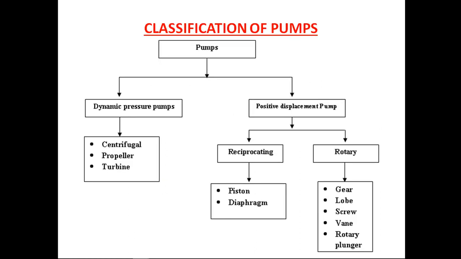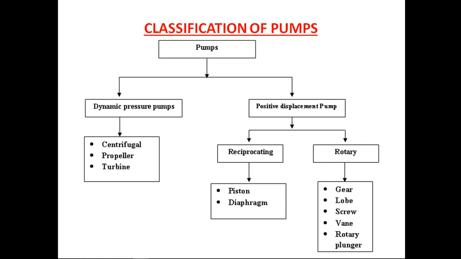Types of pump. Pumps are mainly classified into two types: dynamic pressure pump and positive displacement pump. Dynamic pressure pumps are a type of velocity pump in which kinetic energy is added to the fluid by increasing the flow velocity.